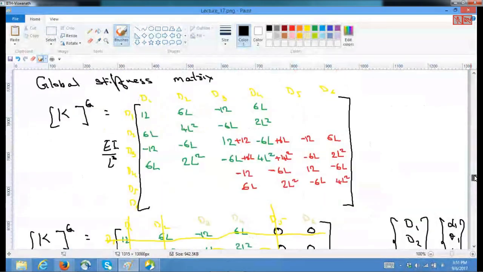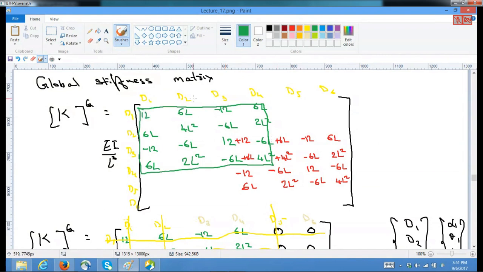See, this is the green thing. The green thing is coming from element 1, while the red thing is coming from element 2.